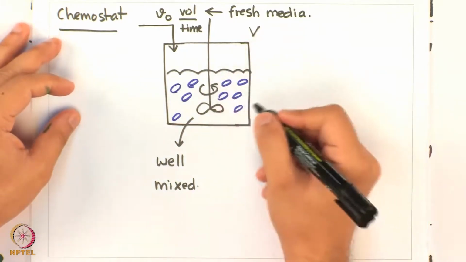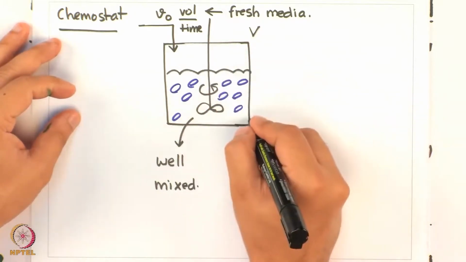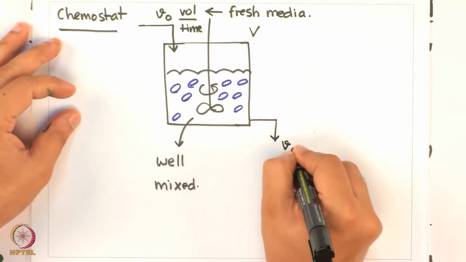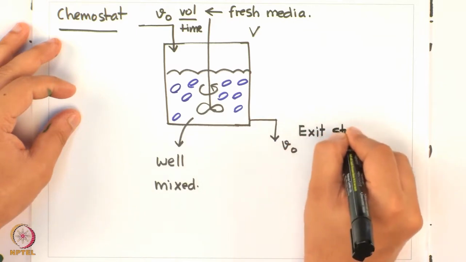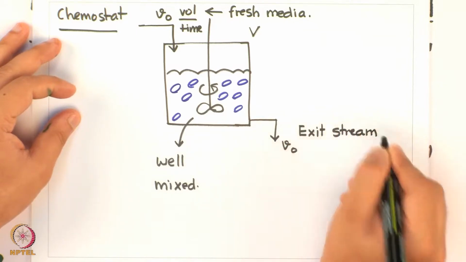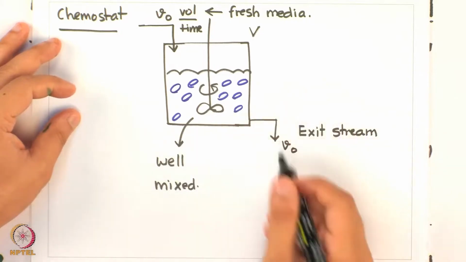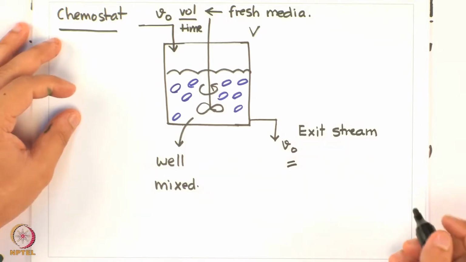This would mean that the volume of this reactor increases at the rate V naught, but to alleviate that, you have an exit stream which is removing media and cells from this reactor at exactly the same rate V naught.